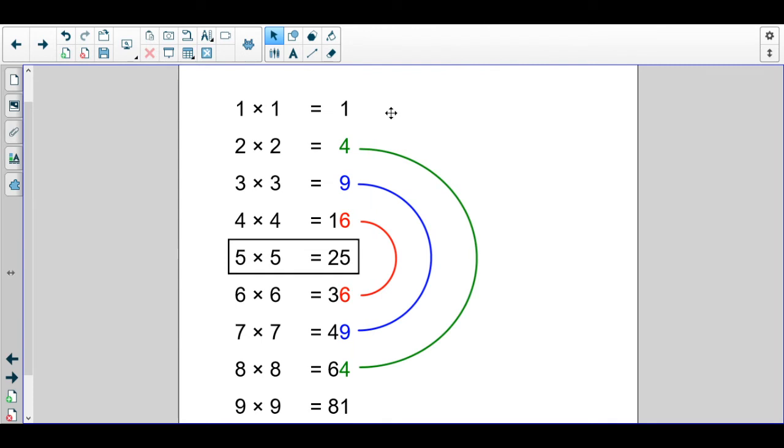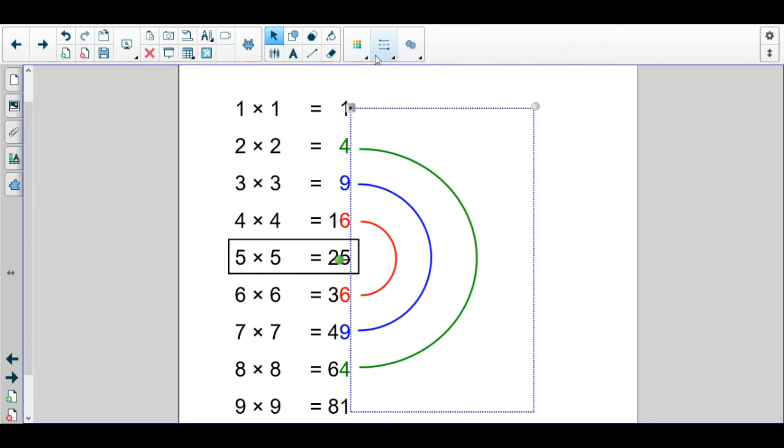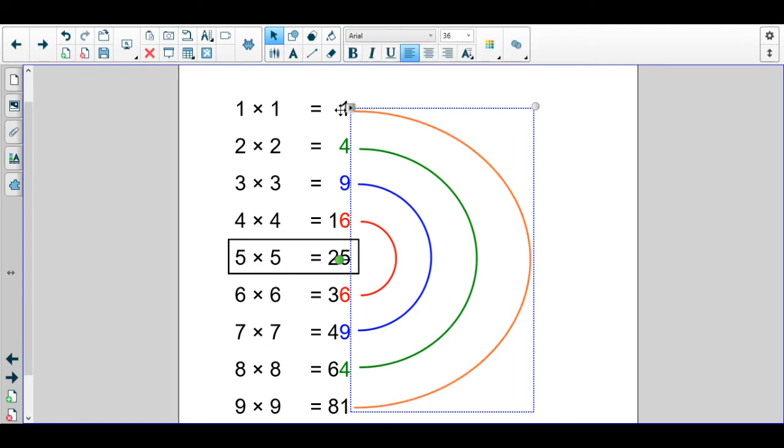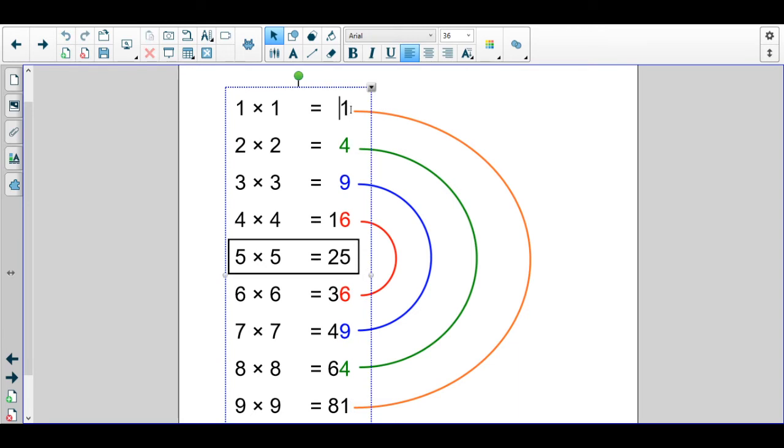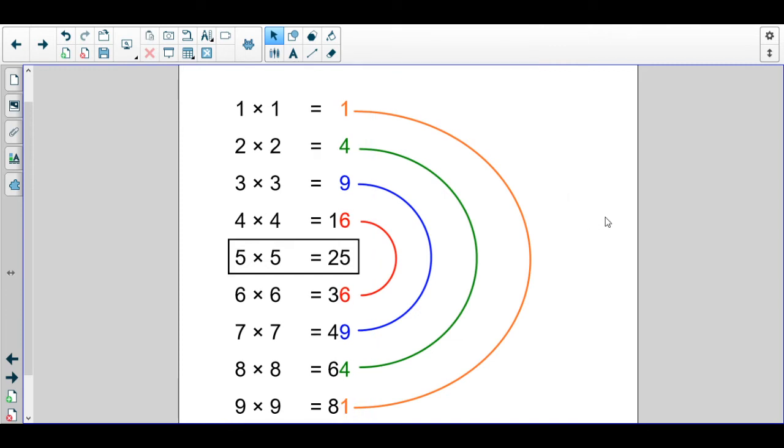And then finally, right here, we'll go with orange on this one. We've got 1 and 81. So this is a pattern that just demonstrates here in the first 9.